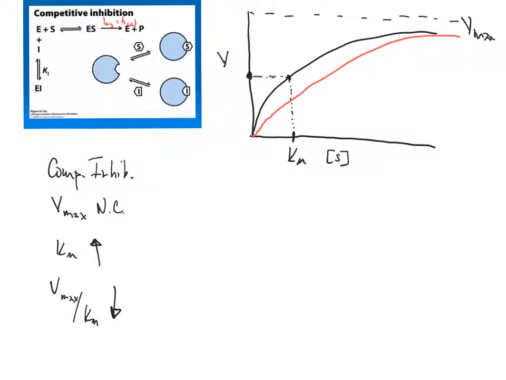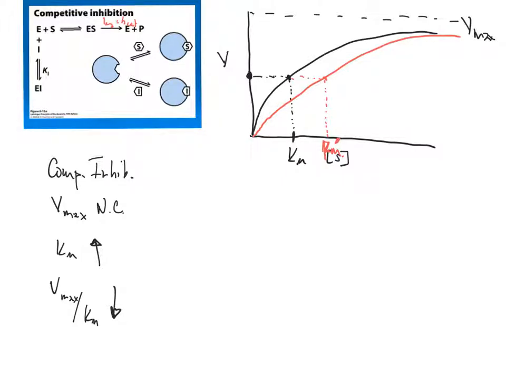But now the Km is way out here. I'm going to call it Km prime, just so you know it's different, or Km apparent, or Km plus inhibitor, or whatever you want to call it. You just cannot call it Ki, because that's something different. And don't call it something like Fred.